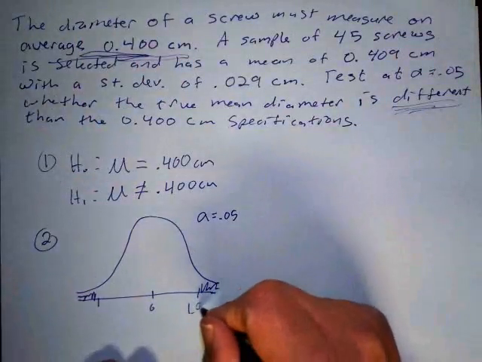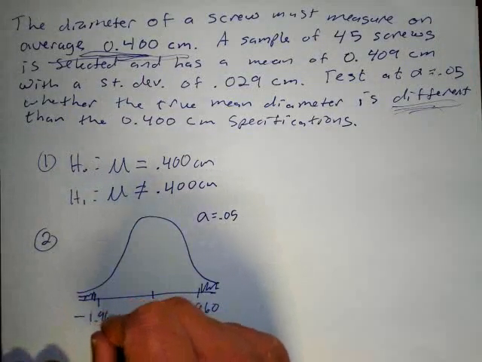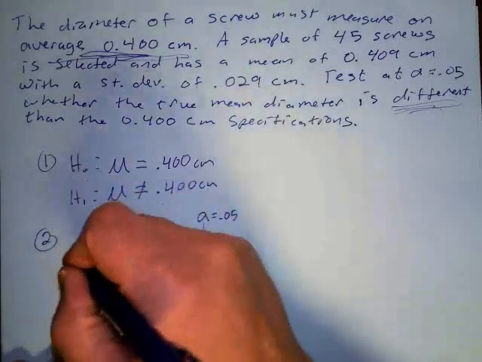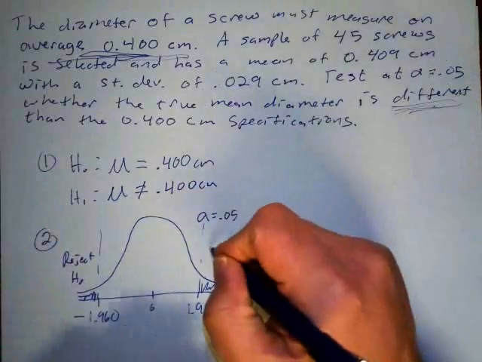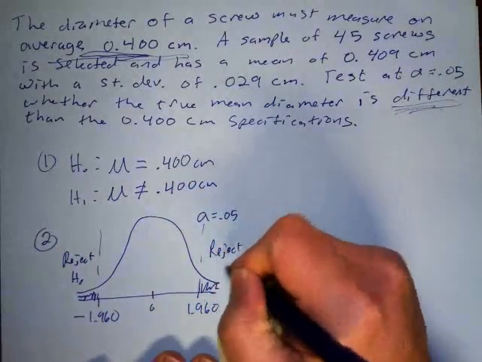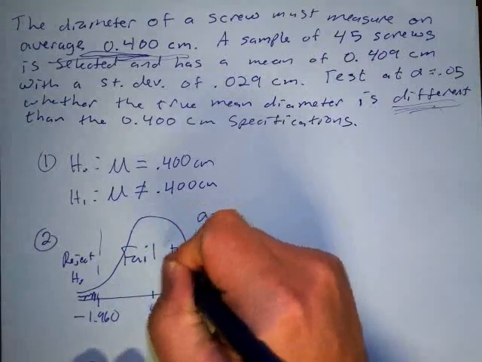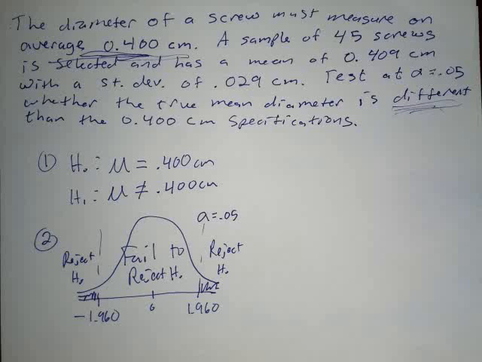So this is 1.960. This is negative 1.960. And so over here we would have reject H naught. Over here would be reject H naught. In between would be fail to reject H naught. Okay?